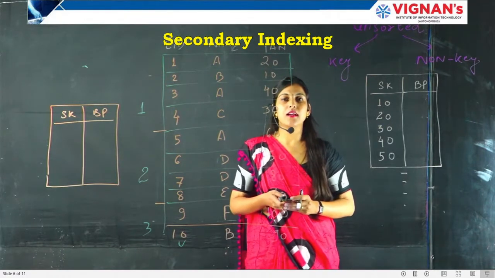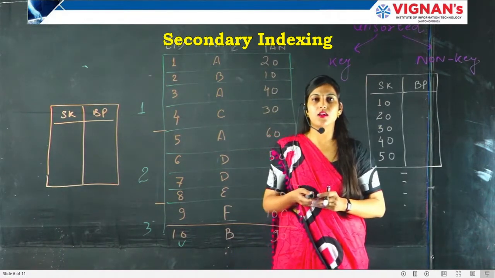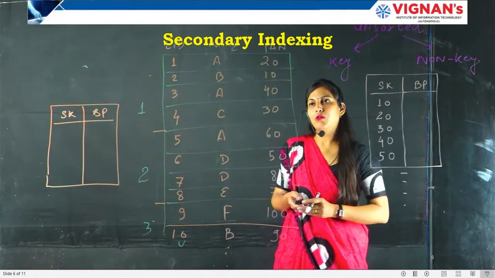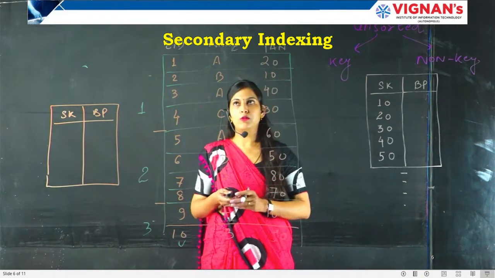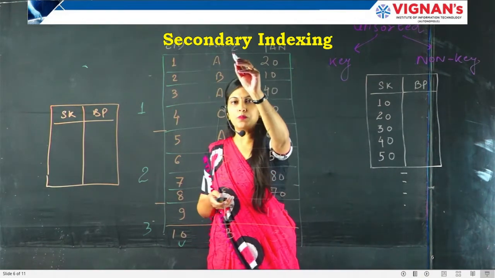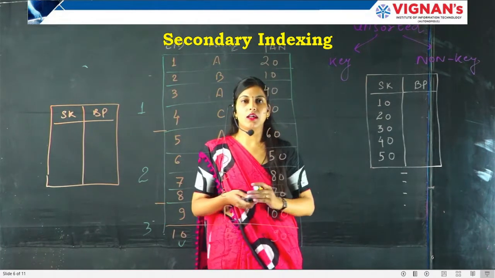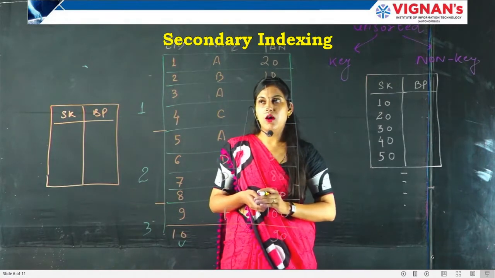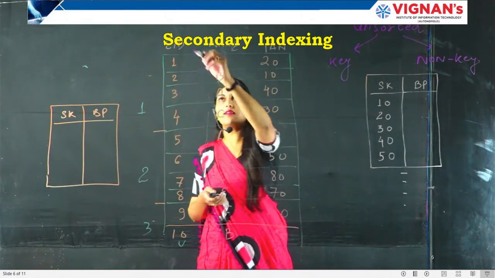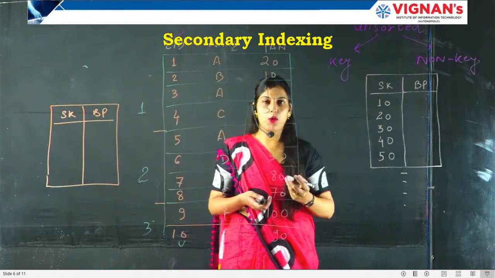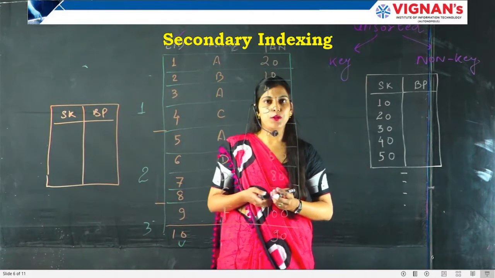We will understand the concept of secondary indexing with the help of an example. I have a table with three attributes: employee ID, employee name and PAN number. I have stored the data in the hard disk. Employee ID is a key value because it will be unique for every employee.